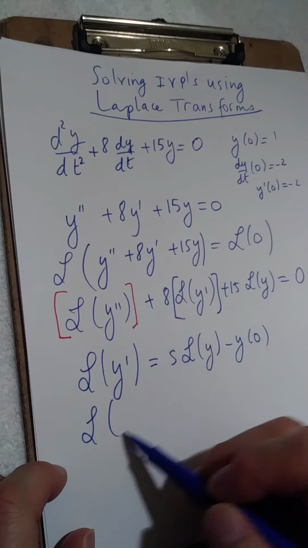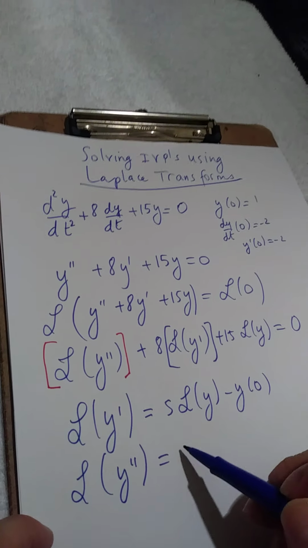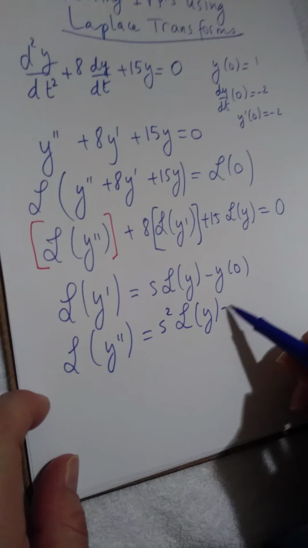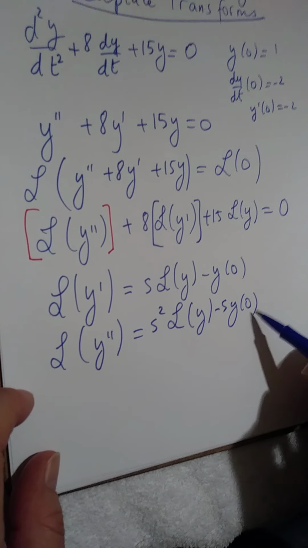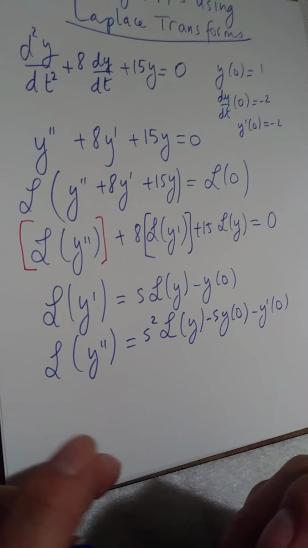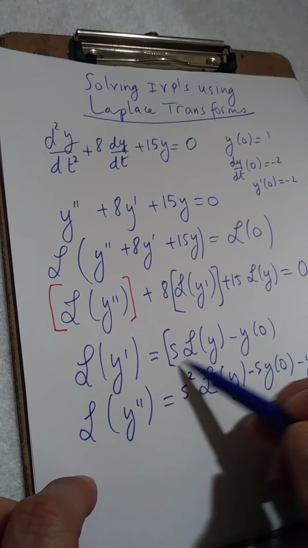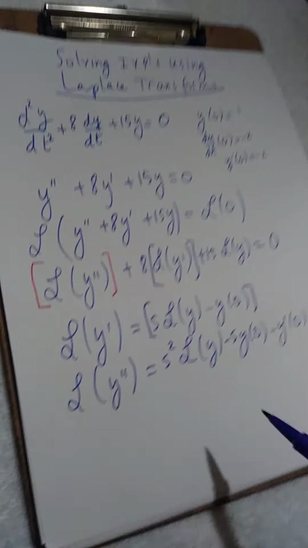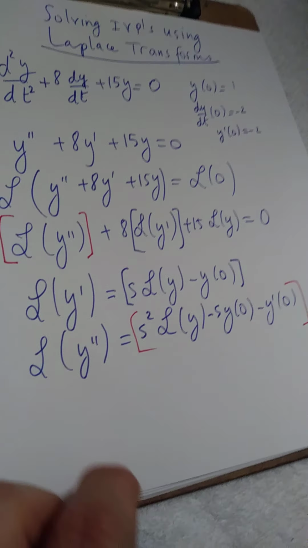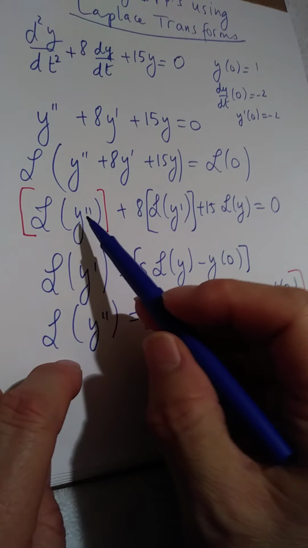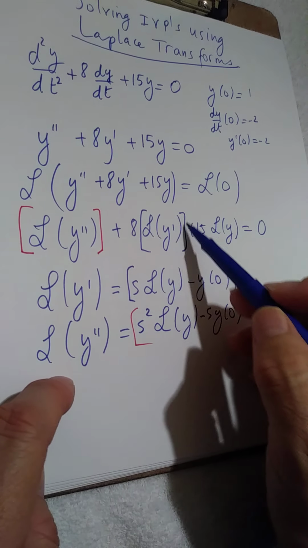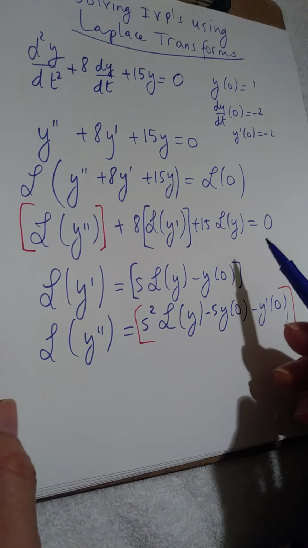And the transform of y double prime is s squared transform of y minus s y of 0 minus y prime of 0. We proved these before. So this would be the blue bracket. This would be the red bracket. What we're going to do next is replace transform of y double prime by what's in the red brackets, and transform of y prime by what's in the blue brackets.